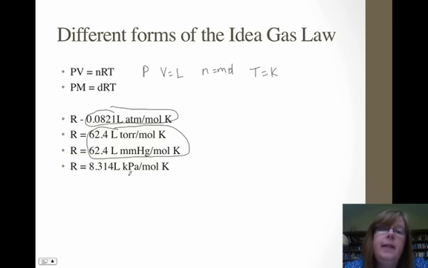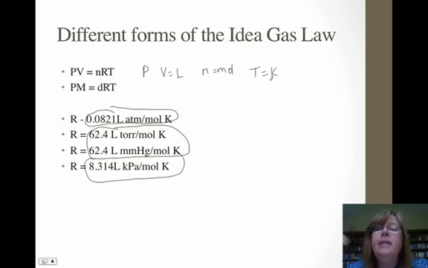If your pressure unit is kilopascals, the value for R is 8.314 liters kilopascals per mole Kelvin. This gas constant, this R, is what drives this whole equation, and it pretty much dictates the units that you have to use. Your volume has to be in liters because R is in liters.